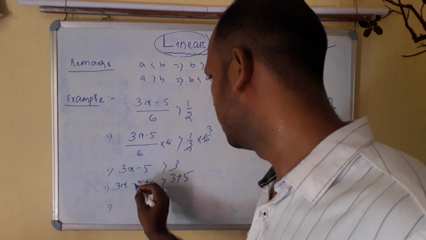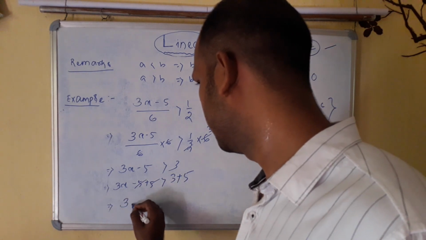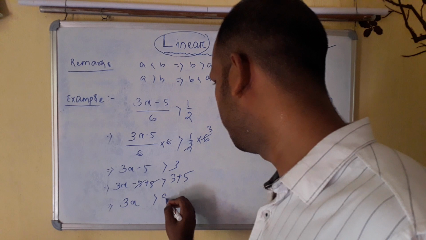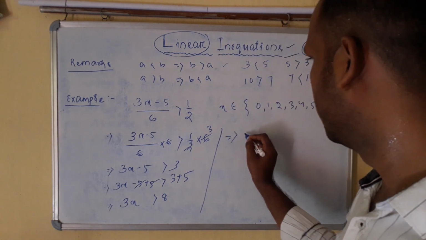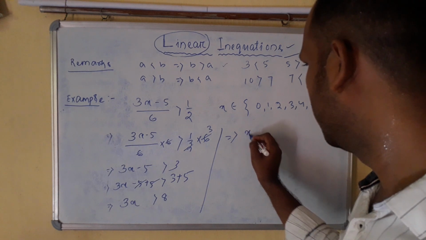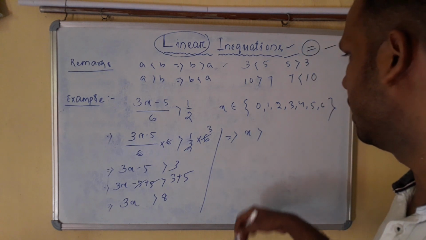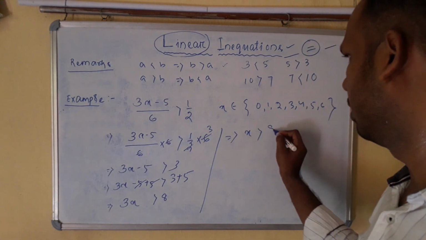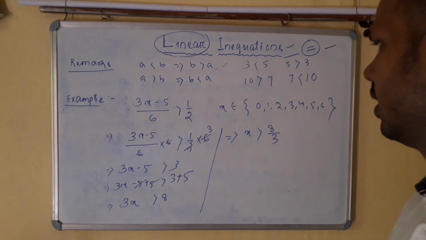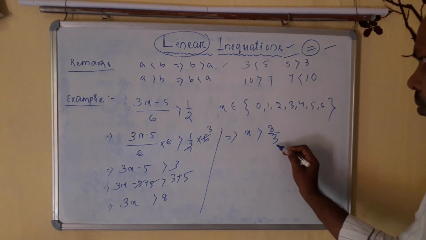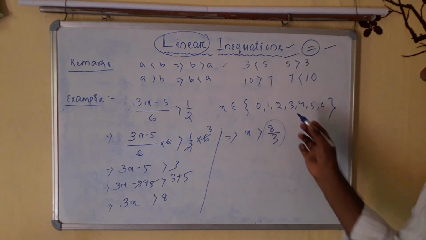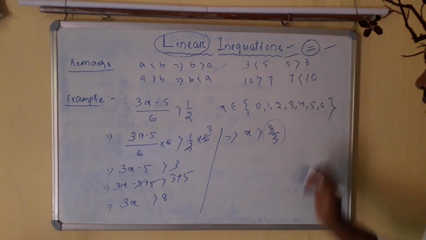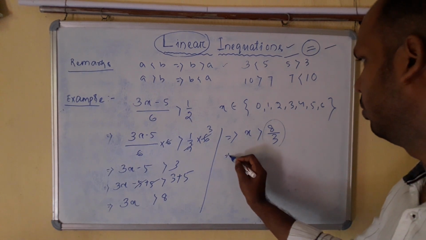Now it is 3x greater than 3 plus 5, which is 8. Now if I divide by 3 on both sides, it will be x greater than 8 by 3. Again it is coming in the form of a fraction, but our replacement set is given as 0 to 6. So what will we do?